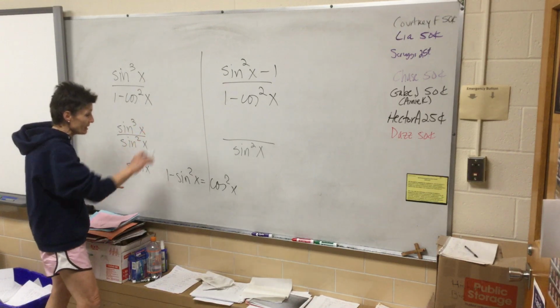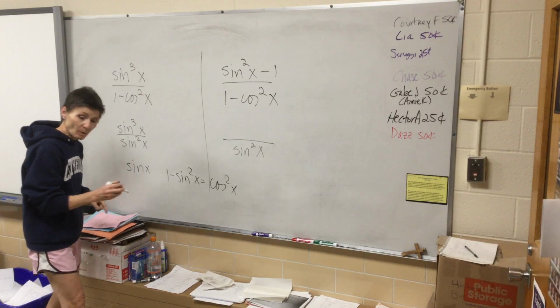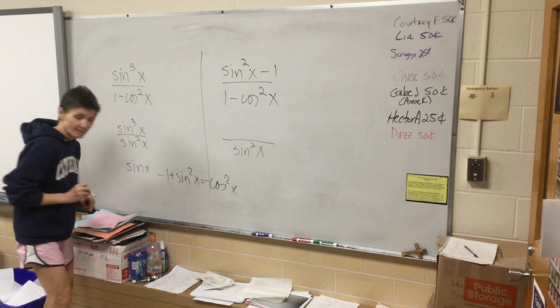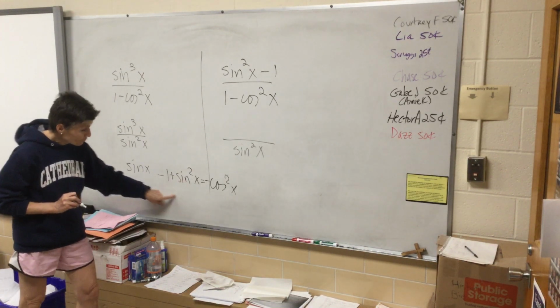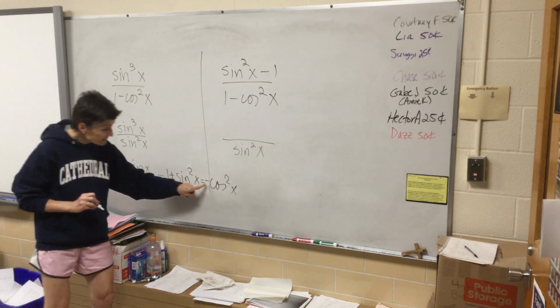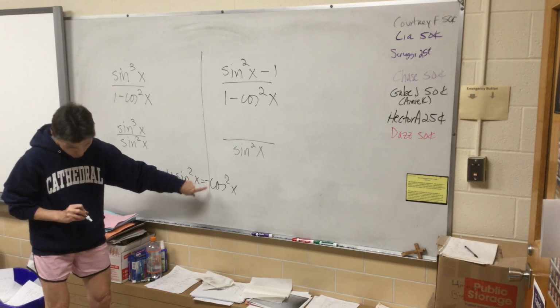But here's the problem. You're exactly right. The 1 is being subtracted. It's the negative 1. So here's what I want you to think about, Lindsay. What if I changed all the signs in that problem? Would this work, sine squared minus 1? Yes. And what does it equal? Not cosine squared, but negative cosine squared.